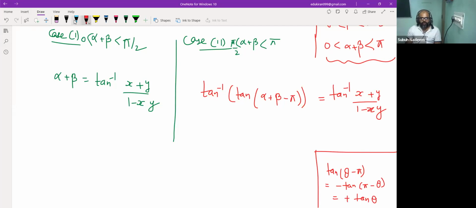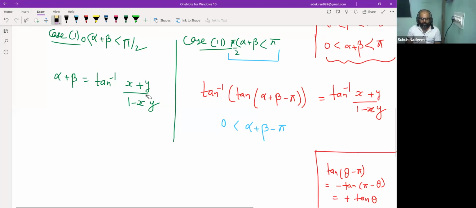Now, if we see alpha plus beta minus pi, what will be its interval? Alpha plus beta is pi by 2 to pi. So alpha plus beta minus pi will be pi minus pi, 0, and pi by 2 minus pi is minus pi by 2.